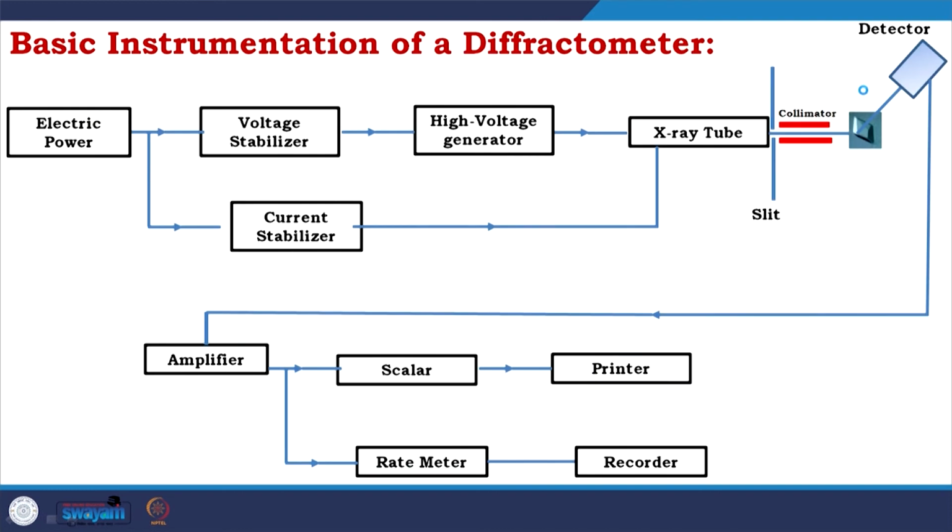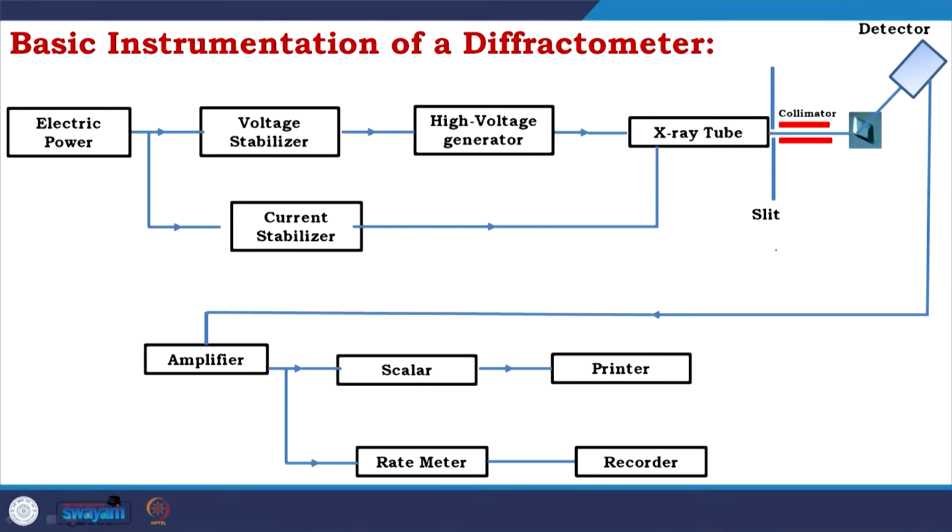So, I have developed a simple instrumentation setup of the diffractometer. You need the electric power, which goes through a voltage stabilizer and current stabilizer to a high voltage generator and then to the X-ray tube. It might be an X-ray tube, a rotating anode, a synchrotron, a wiggler, or an undulator; anything that provides the X-ray.